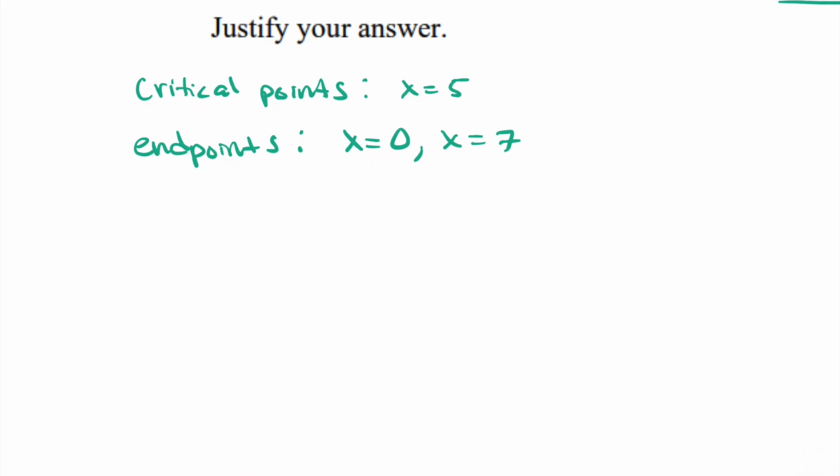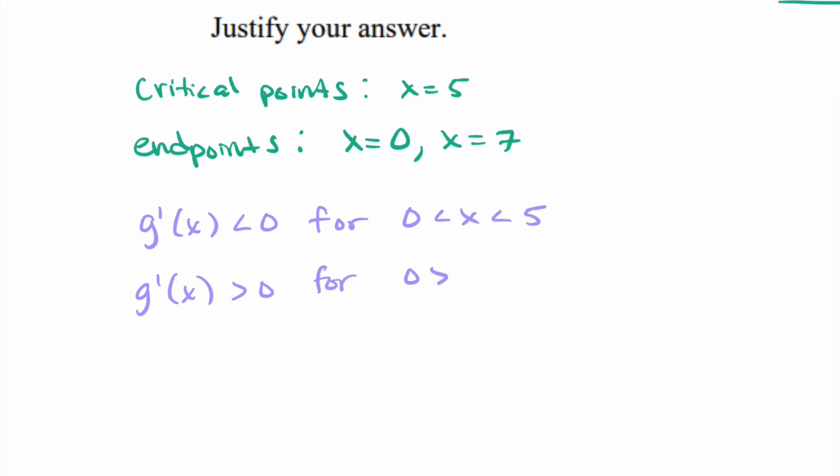Furthermore, we know g prime of x is less than 0 for 0 less than x less than 5, and g prime is greater than 0 for 5 to 7.